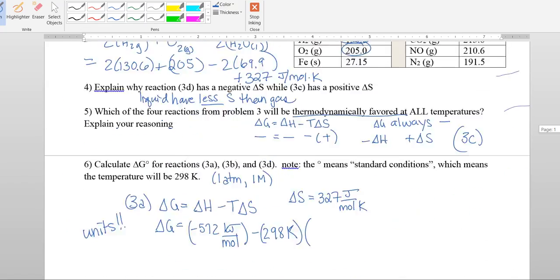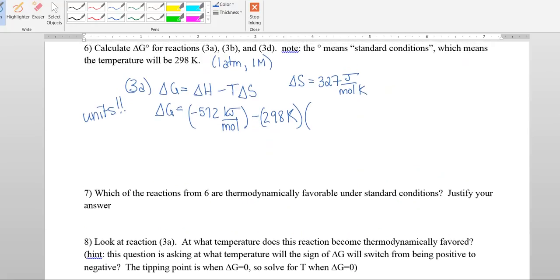Yep. What we should be noticing here is that H is in kilojoules, but S is in joules. We can't add or subtract things if they're in different units, so I need to convert my S value into kilojoules in order to subtract it from my H value. 1 kilojoule is 1,000 joules.